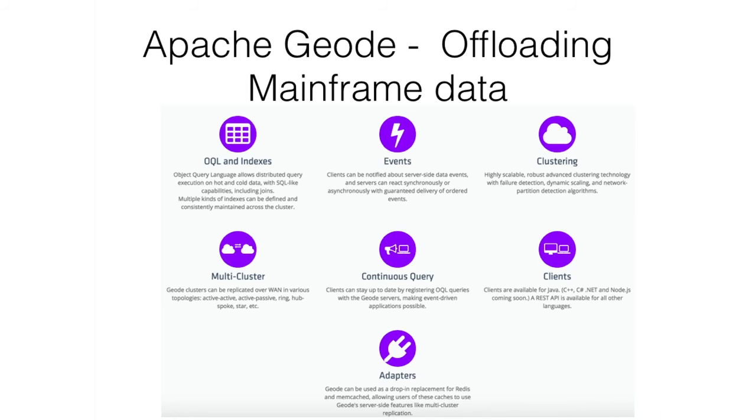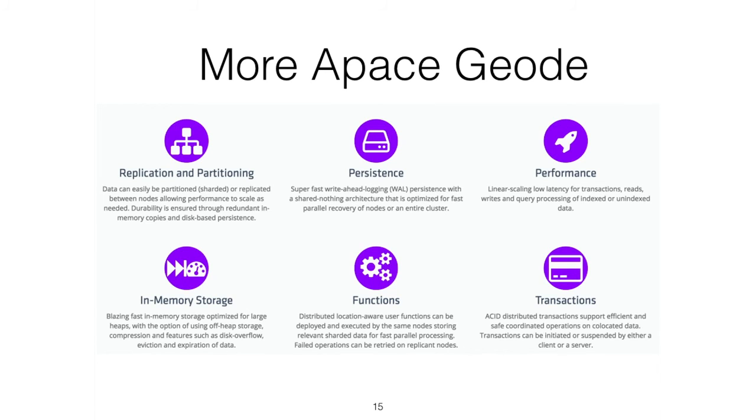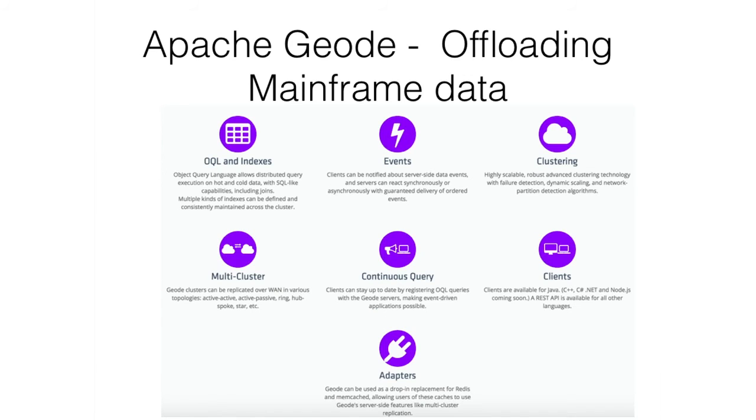A good candidate is Apache Geode. There are so many features here that I had to describe it in two slides. The idea is that whatever transaction processing you are doing on z/OS can be done in Apache Geode, and in fact, you can do it in a much more performant fashion and in a cheaper way, just due to the nature of how Geode is architected.